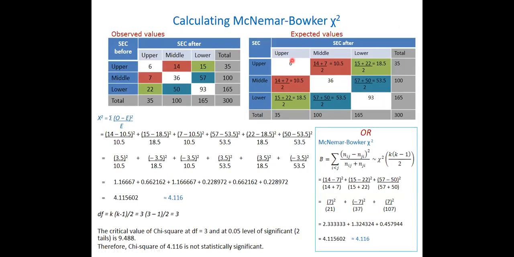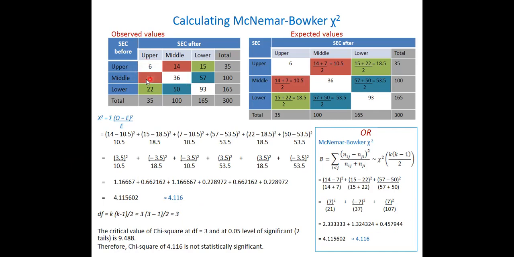Let me now explain, because I'm sure this is where Dr. Ati was having a problem, because she watched the video. If you look at it now, this is the example I've just given. You will see that there are 3 concordant cells. Look at this: 6 people were upper before, upper later, upper socioeconomic class.